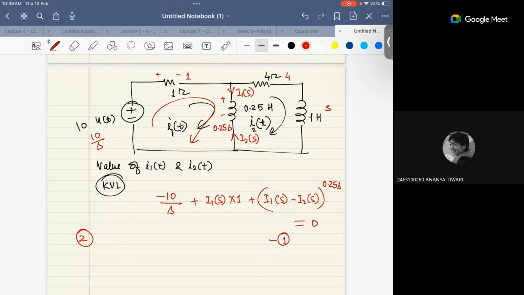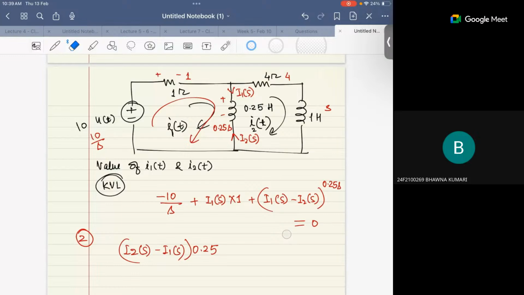I2(S) minus I1(S) times 0.25S, plus 4 I2(S), plus 1 S I2.